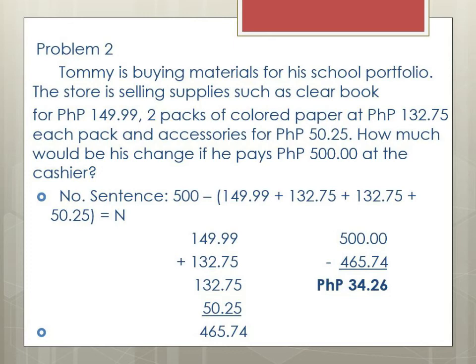So look at the number sentence. We have 500 pesos less the cost of the items inside the parentheses. So 500 pesos minus 149.99 plus 132 pesos and 75 centavos plus 132 pesos and 75 centavos plus 50 pesos and 25 centavos equals N. So you need to solve first the expression inside the parentheses.